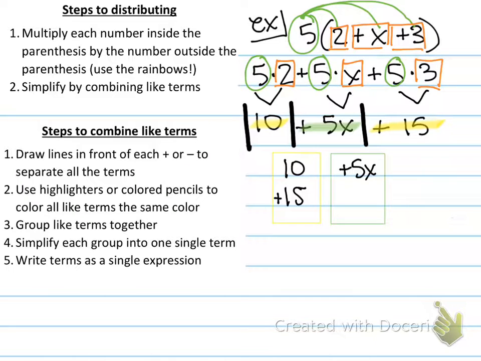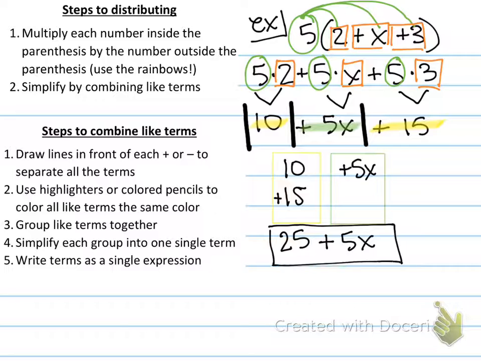Now I need to do step 4, simplify each group into one single term. In the yellow box, I have 10 plus 15, which is 25. And in the green box, I have 5x by itself. And this also does step 5 for me, write terms as a single expression. So this is a simplified expression.